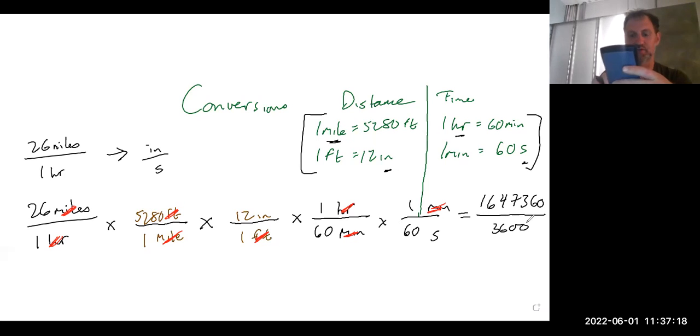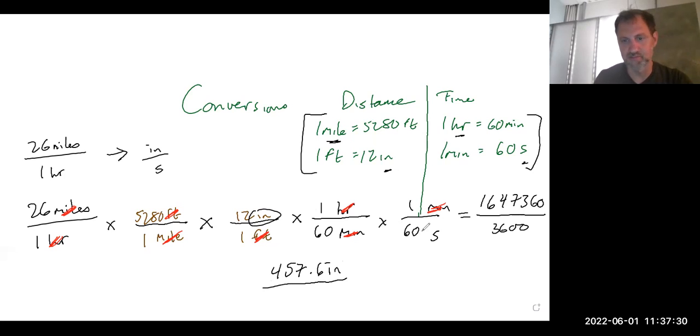Dividing by 3,600 to finish it, 457.6. Units on top, inches, units on the bottom, seconds. So this is 457.6 inches per second. That's what 26 miles per hour translates into. So that's a basic conversion approach using fractions.